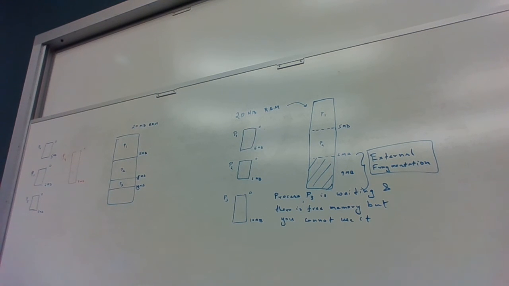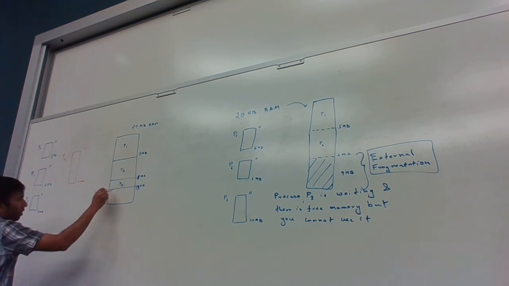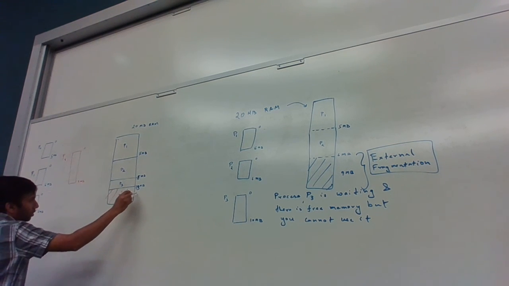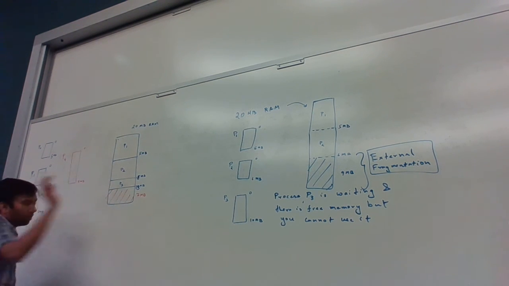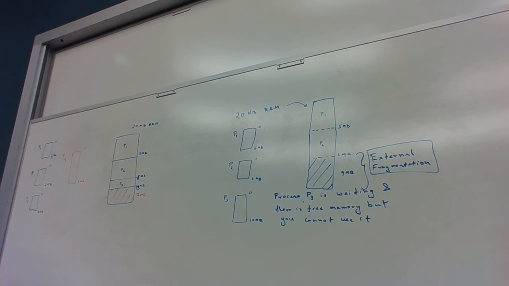P4 is an 8 MB process. Can you allocate it now? You cannot. Why? Because the free memory is only 7 MB, wasted. Now let's say P2 finishes.